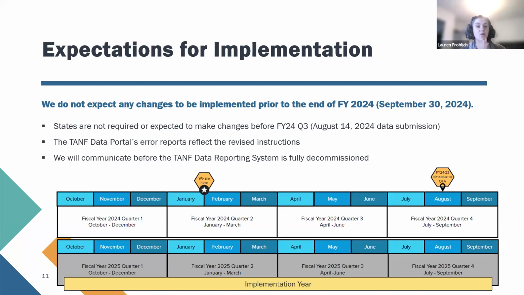So our balance here is that we are also in this transition period from the TANF data reporting system to the TANF data portal. And so what we're saying is that there's this golden time: the earliest you'd really want to be making these changes would be fiscal year 2024 Q3 of the data, which would be due August 14th.